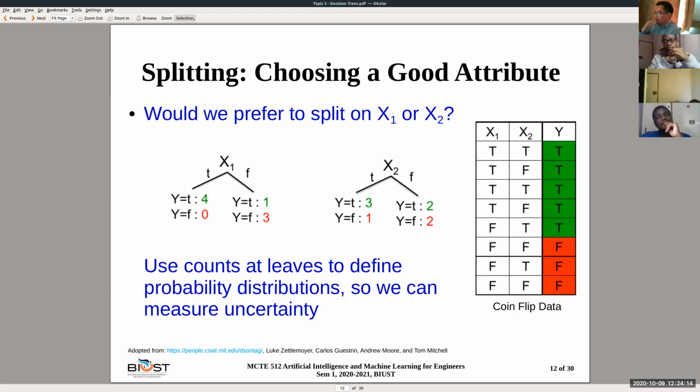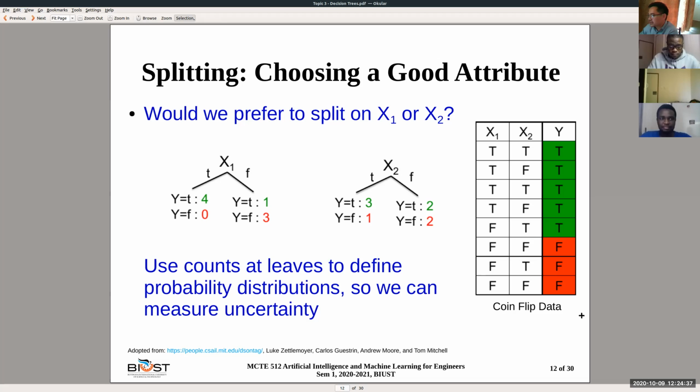So splitting. How do we split? Splitting is when we go to the next node and define the connection between the nodes through a branch. So in this case, which kind of split do we want? Do we want to split on x1 or on x2?